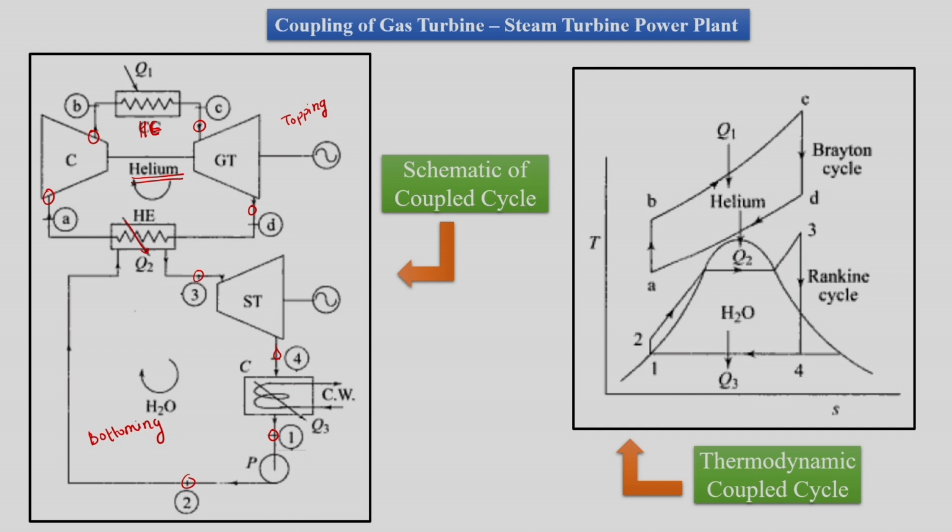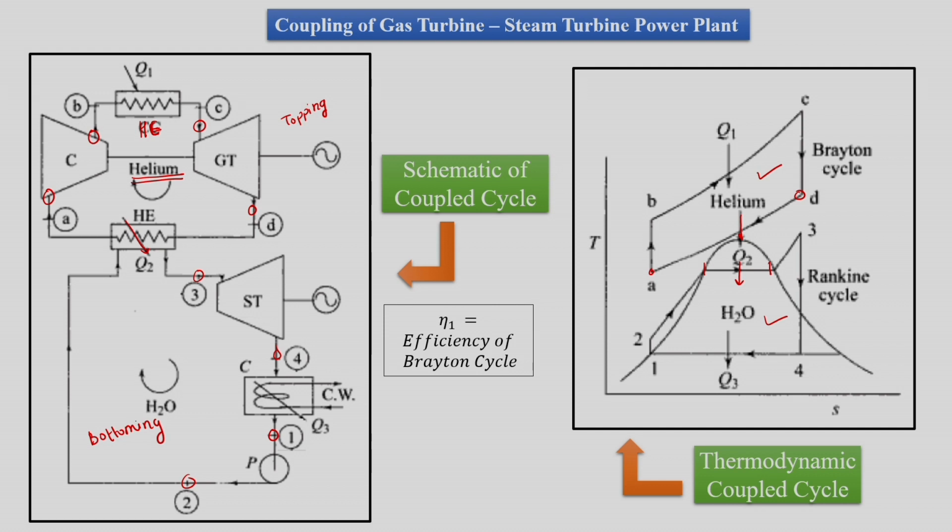Then we have the TS diagram for the topping and bottoming cycle, where this is the gas turbine cycle and this is the Rankine cycle, where we are supplying heat from the gas turbine cycle to the Rankine cycle. Unless otherwise said, we will consider the total heat to be exchanged in this process, or it will have to be said otherwise that only latent heat is given from the Brayton cycle.